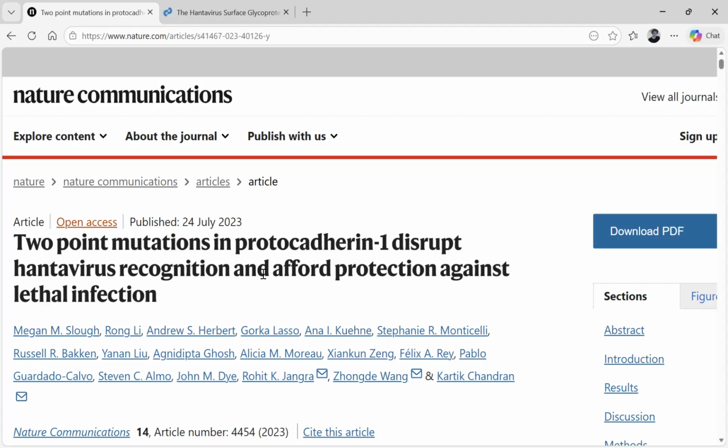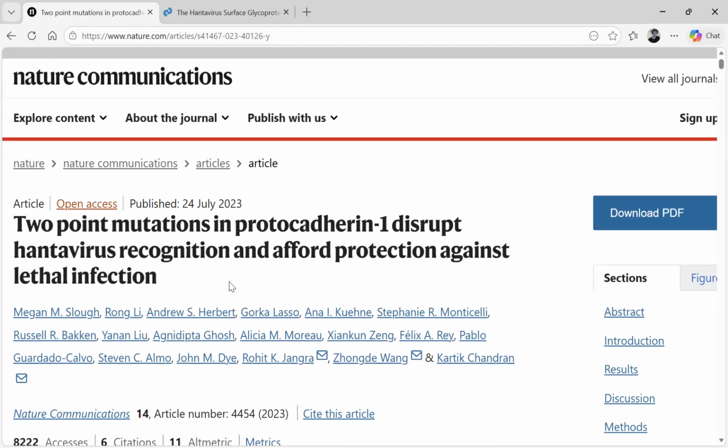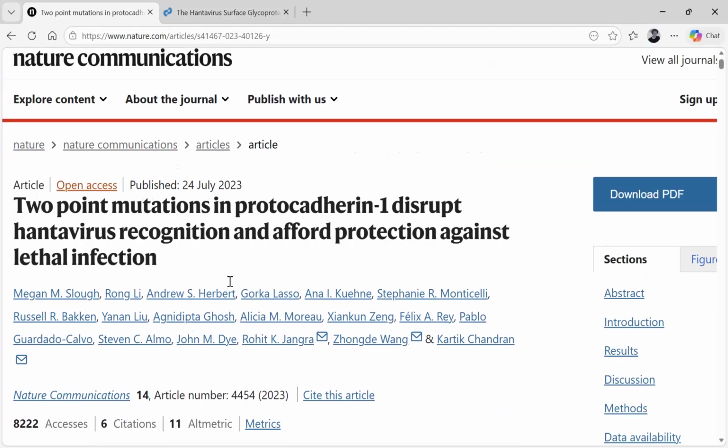So this research study that was published in July of 2023 was taking a look at mutating some of the protocadherins in some cells to see if a hantavirus would recognize it. And what they found was that if you do certain types of mutations, the hantavirus does not recognize the actual receptor.